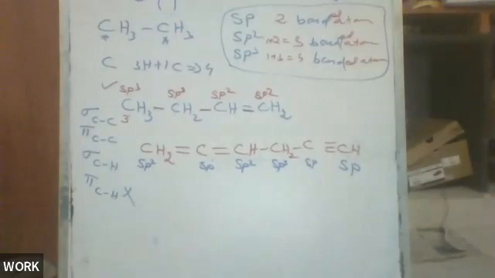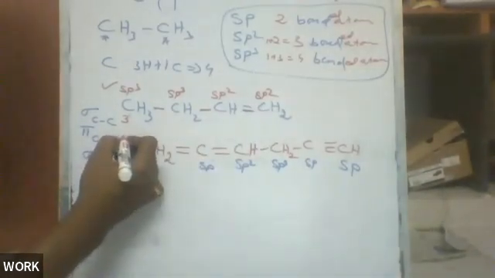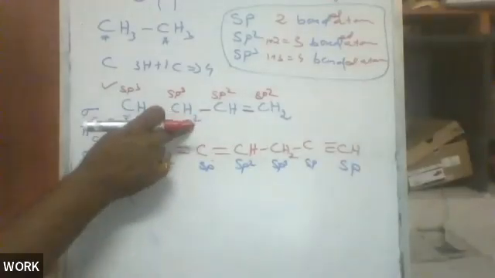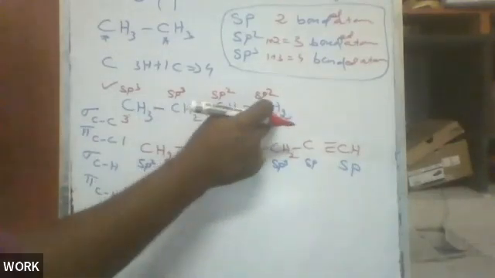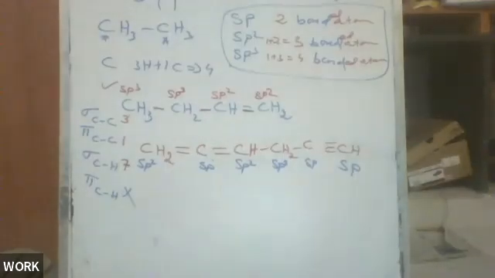Please remember, pi bonds are always along with the sigma bond. So how many pi bonds are there here? 1. Carbon-hydrogen: here 3, here 2, 5, here 1, 6, here 2, 7. So totally 11 bonds. Correct?